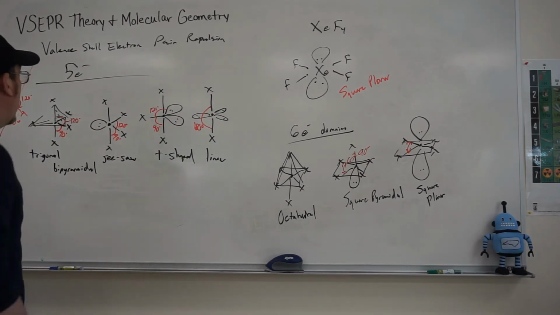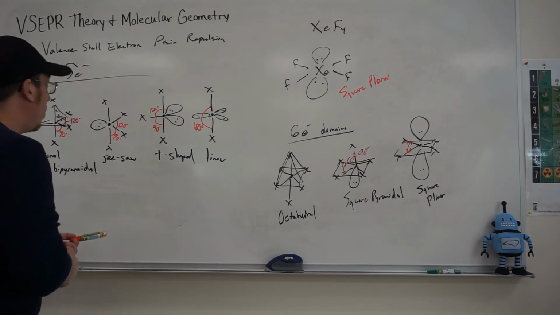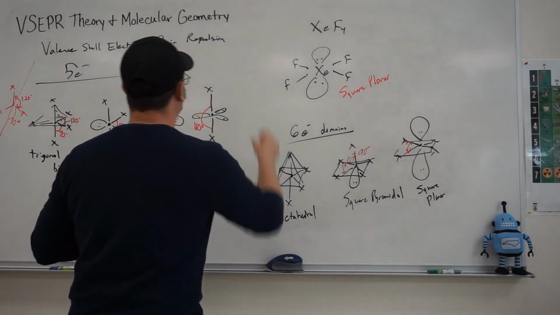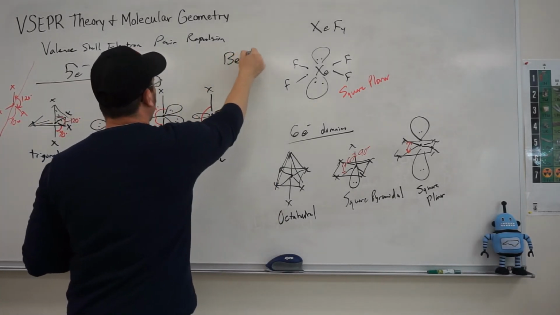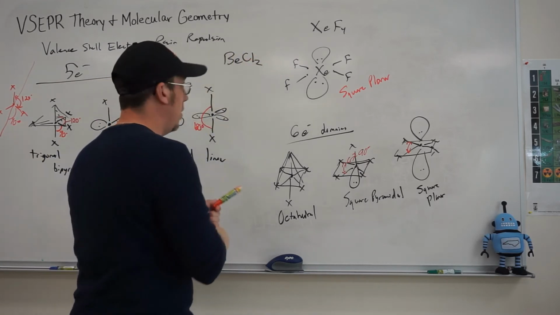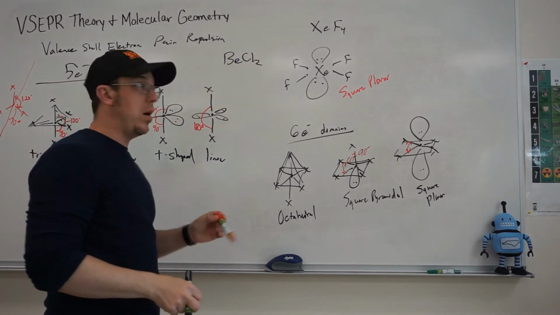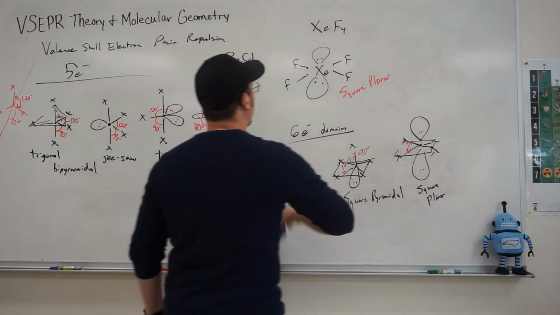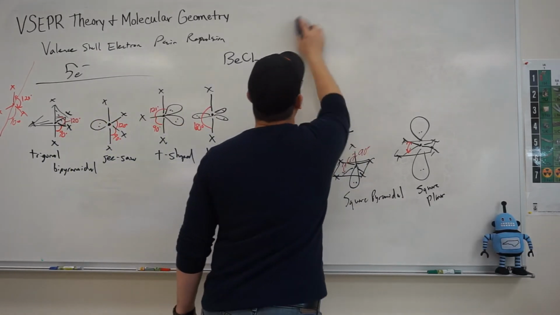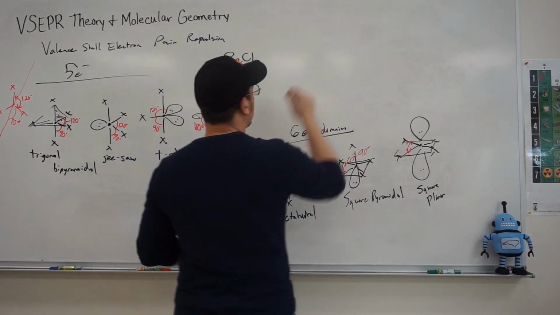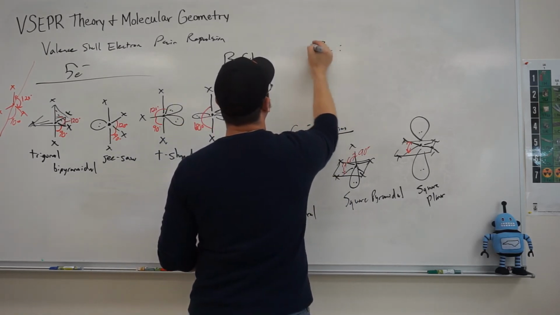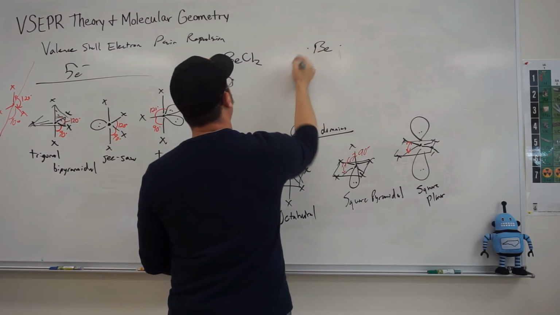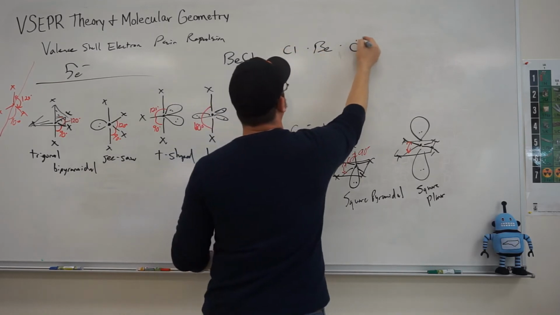So let's do another example just to put another problem on the board here. So let's say we have BeCl2. What would be the molecular geometry and the bond angle for that? Well, if we go on the periodic table, we look up Be. All right, Be has 2 valence electrons. So you'd have one on one side and one on the other. You have your chlorine.